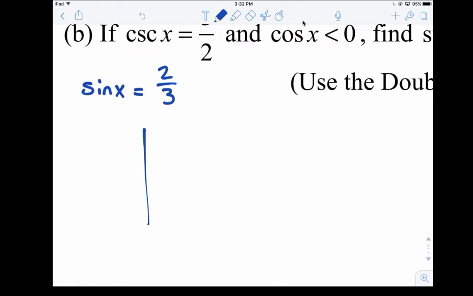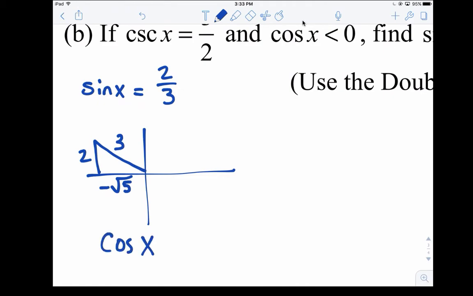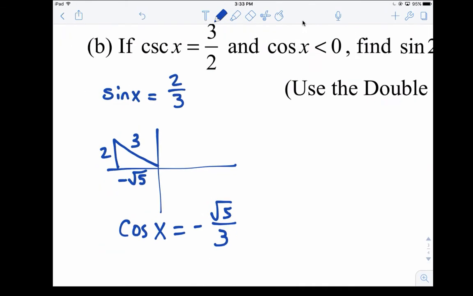So if sine is positive and cosine is negative, that means it's got to be in the second quadrant. So this will be 2, this will be 3. And then if you find the missing side, you'll find that that's negative root 5. So the cosine of that angle would be negative root 5 over 3, right? Adjacent over hypotenuse.